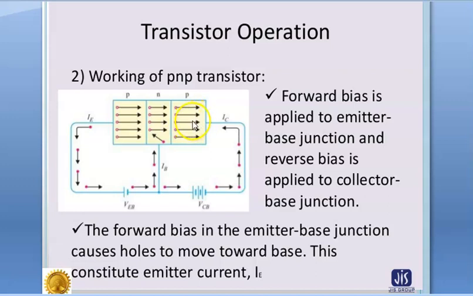There, the negative pole of the battery attracts these holes, and they move in this direction, due to which we get the collector current. Therefore, here also the emitter current is the summation of the base current and the collector current.